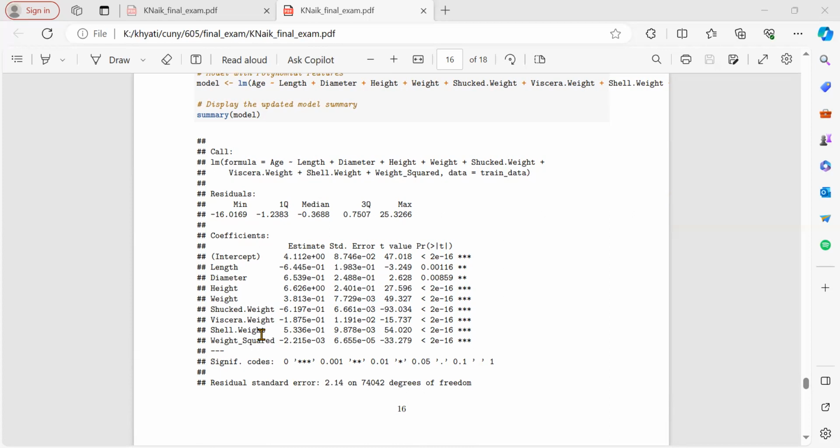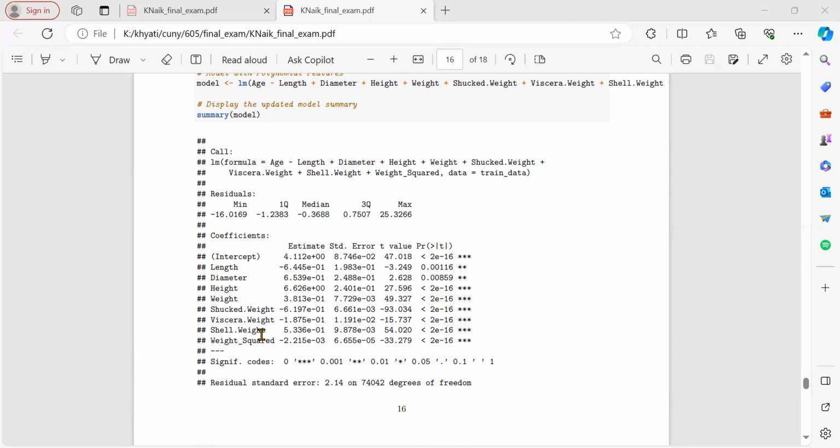We can also see negative coefficients for length, shucked weight, viscera weight, and weight squared, which tells us that an increase in these variables is associated with a decrease in predicted age.